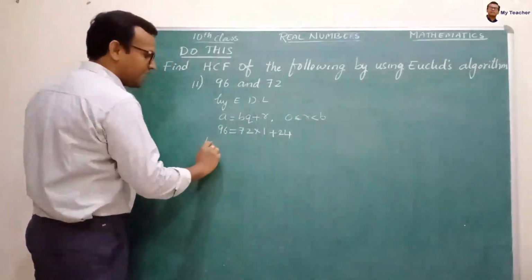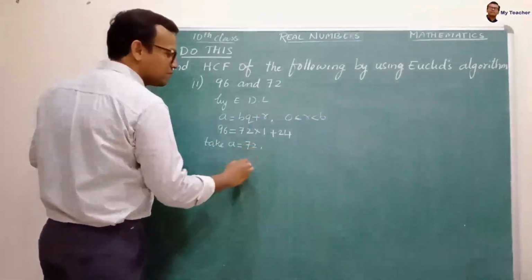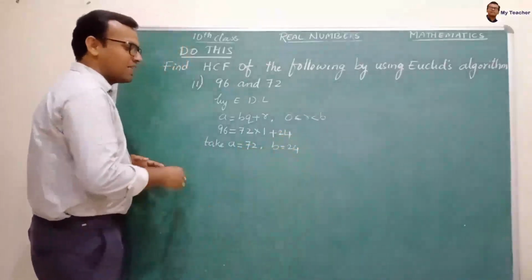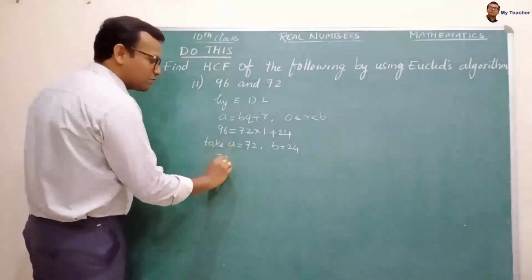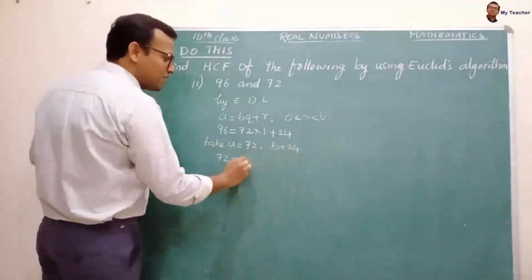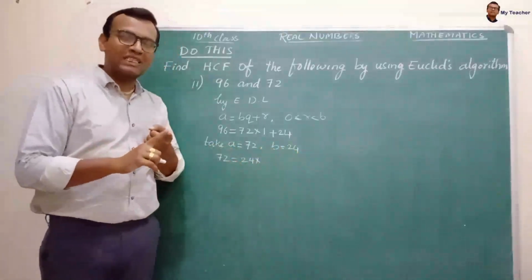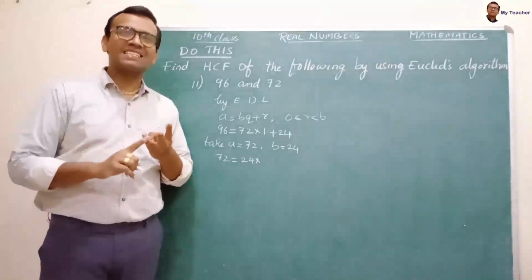So take A is equal to 72 and B is equal to 24 and apply the lemma again. How will it be? A value is 72, that is equal to B value 24. 24 ones are 24, 24 twos are 48, 24 threes are 72.